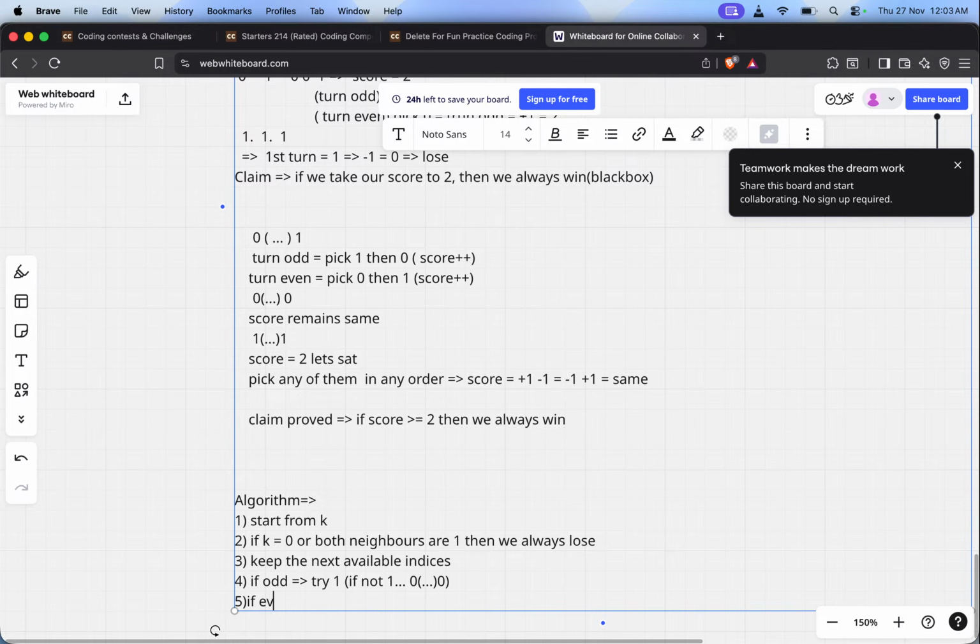If even, then try to pick 0. If there is no 0, that is, 1 and then 1, then this condition tells us that the score will remain the same.